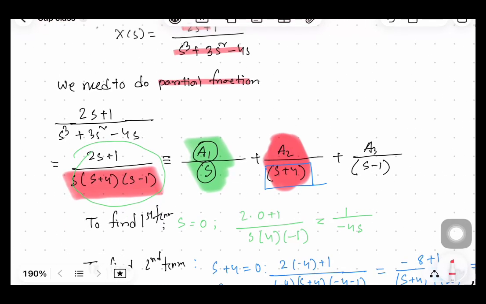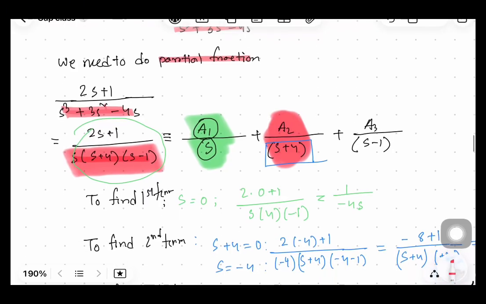To do it in the partial fraction manner, we factorize the denominator into three terms. So what we need to do is find A1, A2 and A3.